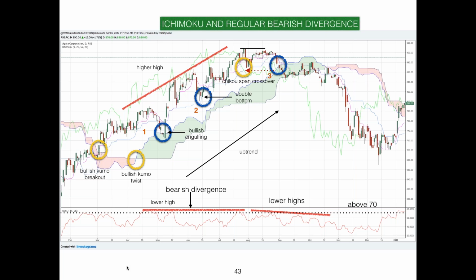Again, we see a bearish divergence here and a double top pattern. Aside from the Chikou span, there is also a bearish Kumo twist in the future here. There was a Tenkan Sen and Kijun Sen crossover right here.